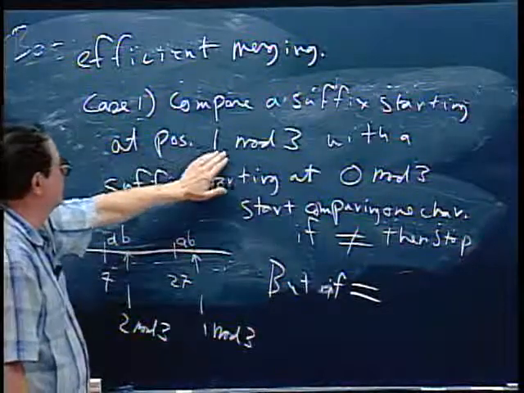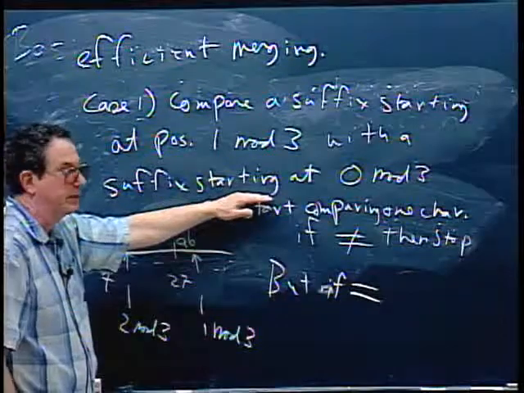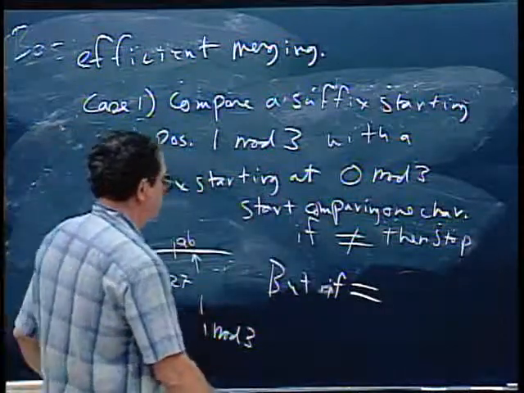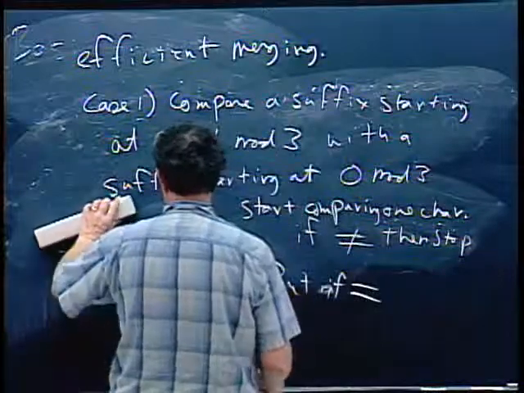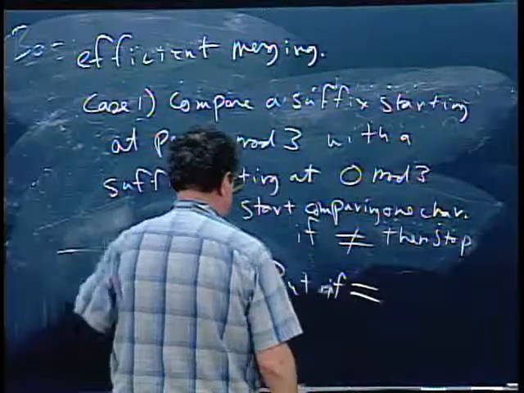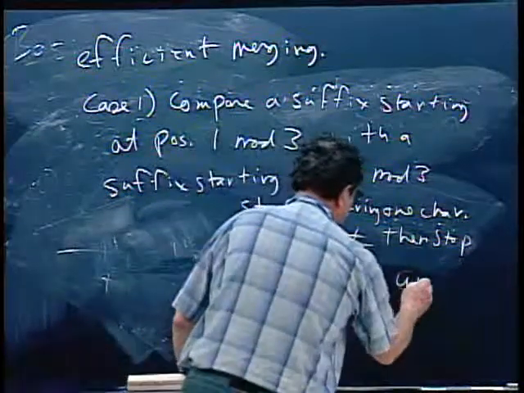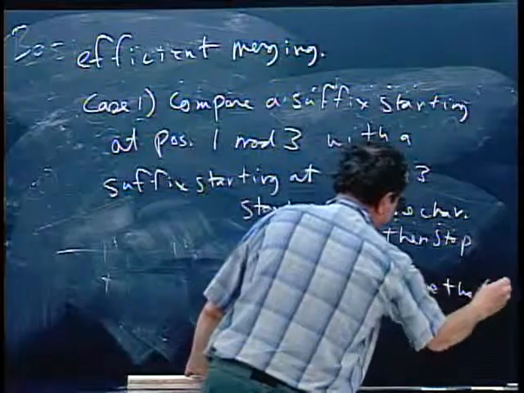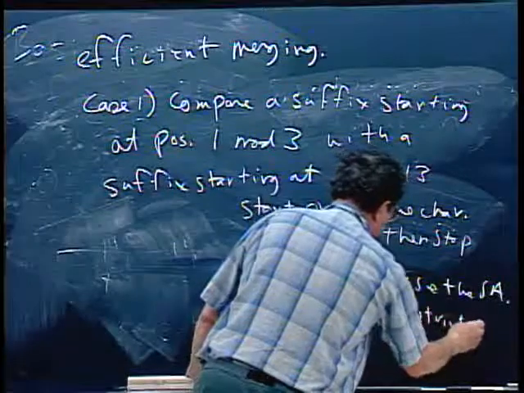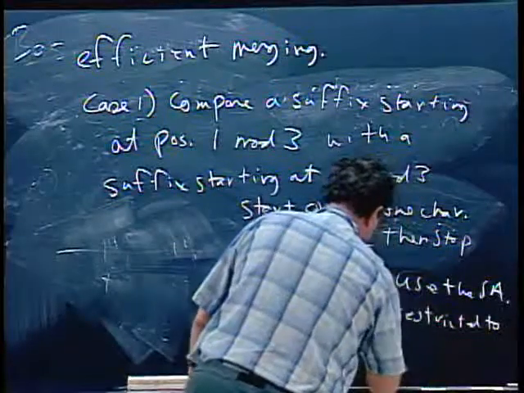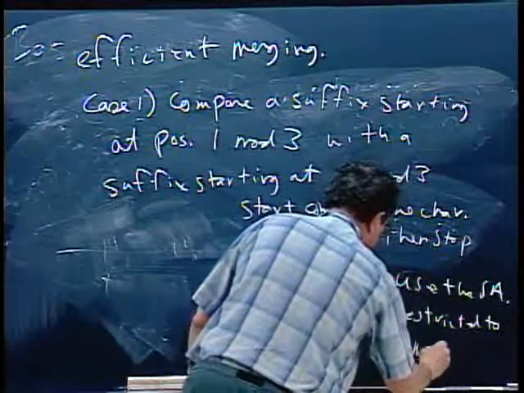If one's at position 1 mod 3 and the other's at position 0 mod 3, just constant time. But if this is equal, then we use the suffix array restricted to 1 or 2 mod 3.